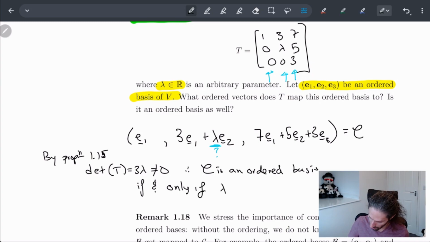So lambda is any number except for 0. And that's it. It's an ordered basis precisely when this is true.